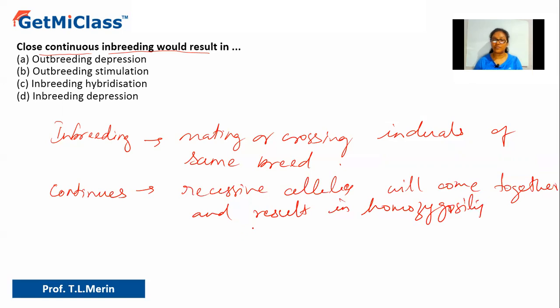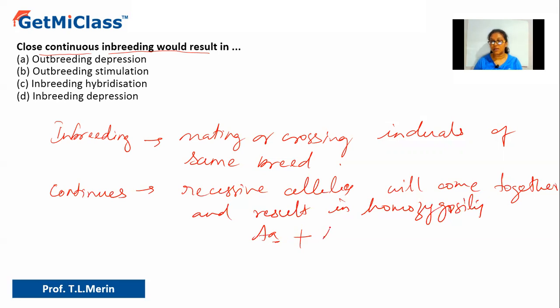Suppose you have two individuals of heterozygous nature, or one individual is heterozygous and the other is homozygous. The recessive alleles will be combined together. If you keep breeding them again and again, for example, you have capital A, small a for one particular characteristic, and if small a is there, it will lose its characteristic. You need at least one dominant allele for a desired characteristic to be expressed.